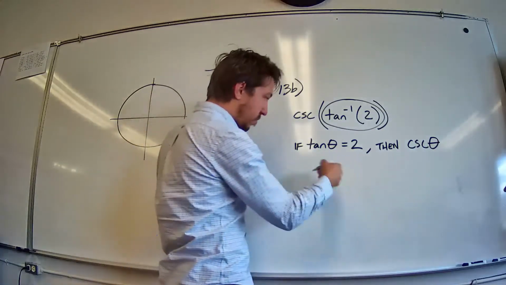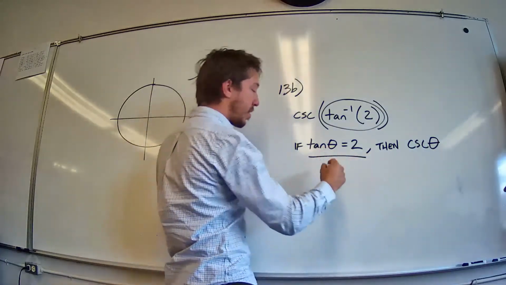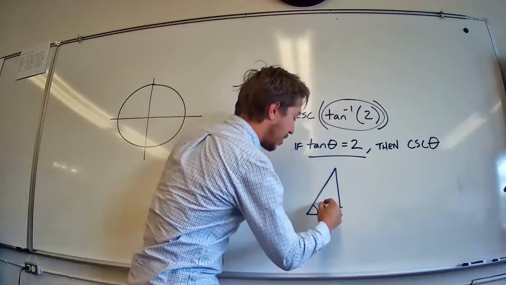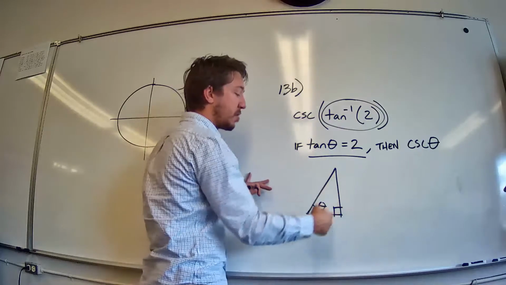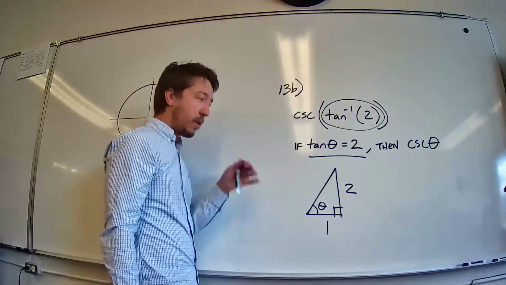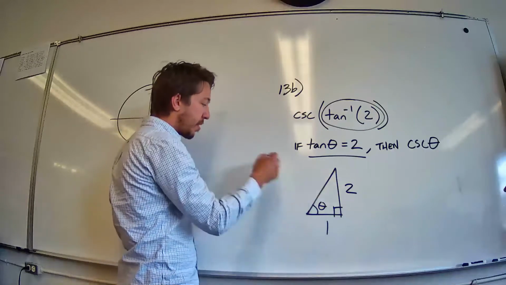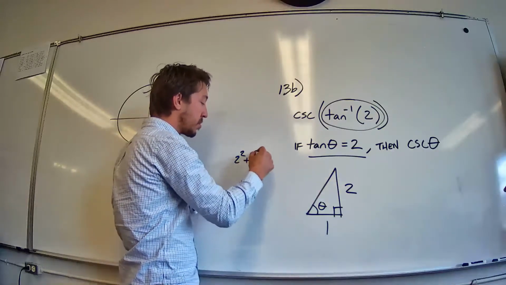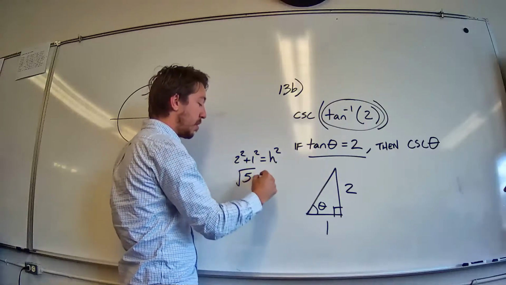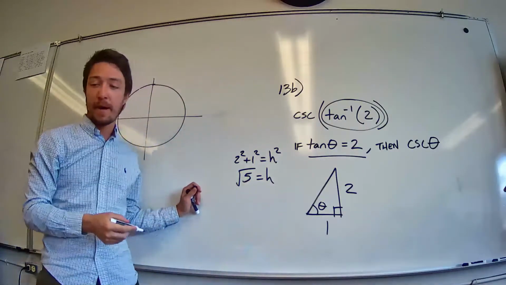Let me draw a triangle that reflects this fact. The tangent of my angle, opposite over adjacent, has to be 2 over 1 to get that ratio. If you do the Pythagorean theorem, 2 squared plus 1 squared equals the hypotenuse squared, you get root 5 for the hypotenuse.